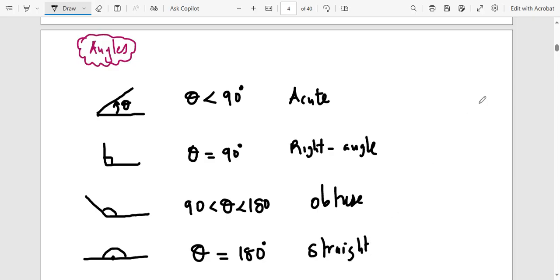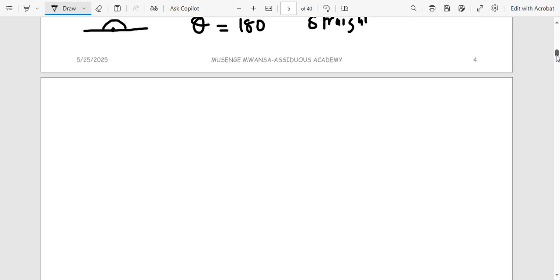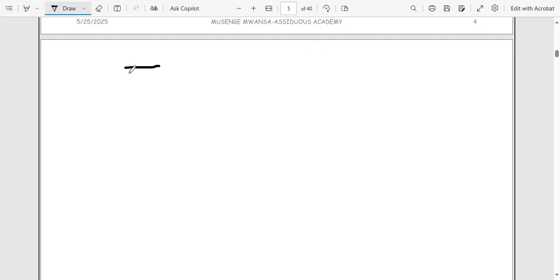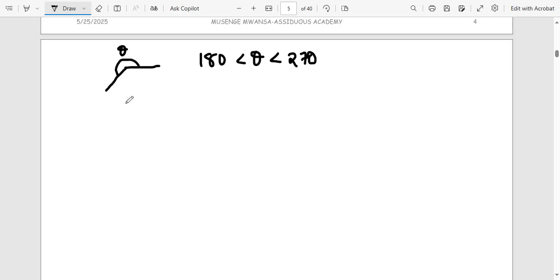Or a straight line. Then we have an angle that is greater than that. This angle theta is between 180 and 270. What do we call that angle? This is known as a reflex angle.